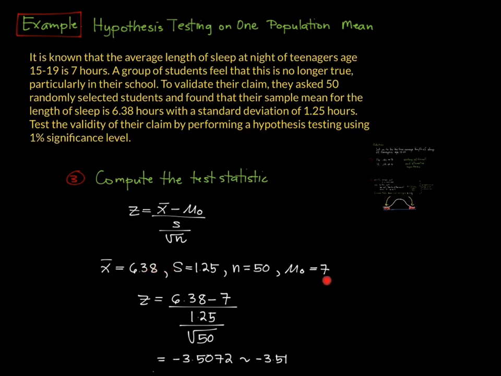When we place these numbers in the formula, we have 6.38 for the x bar minus 7 for the hypothesized mean, over s, which is 1.25, over the square root of n, which is 50. If you compute this, the value is equal to negative 3.5072, or approximately negative 3.51. And that's how fast we can perform step number 3.